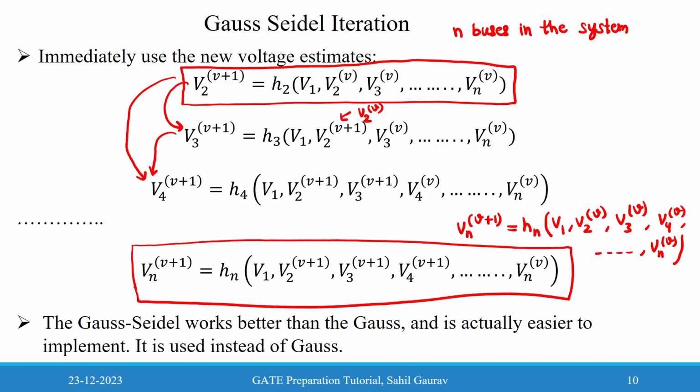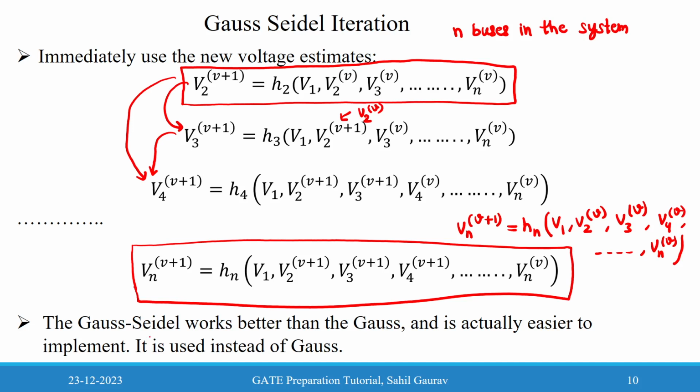In Gauss-Seidel, if you are applying the first iteration only, then whatever voltages you are getting at different buses, you apply that value in the next bus. But in the Gauss method, you have to use the previous iteration values, not the voltages you are getting in this iteration at different buses.